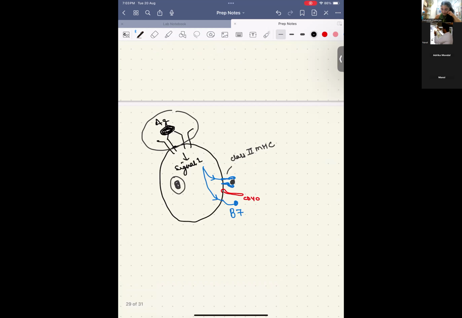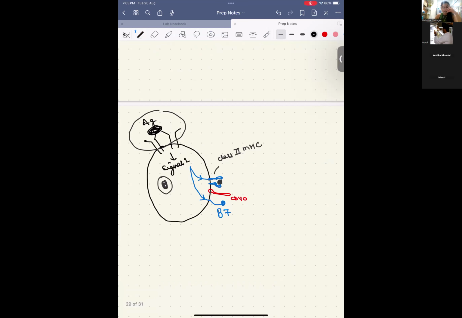And when all of these receptors are expressed on the surface, whichever T helper cell is present in the near vicinity, so we have a T cell coming in here.